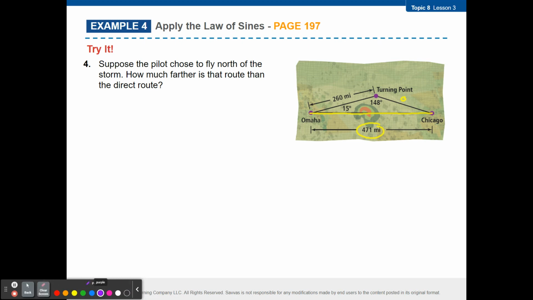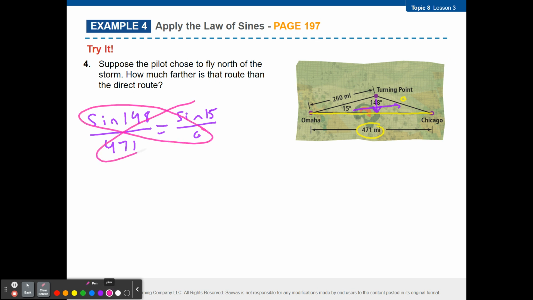All right, so what I'm going to do here is, okay, I have 148. I'm going to cross to 147. So I'm going to have the sine of 148 degrees over 471. I'm going to set that equal to, now if this is what we're working with, I'm going to cross here. So this will be the sine of 15 degrees over, let's call it little o. I'm going to cross multiply.